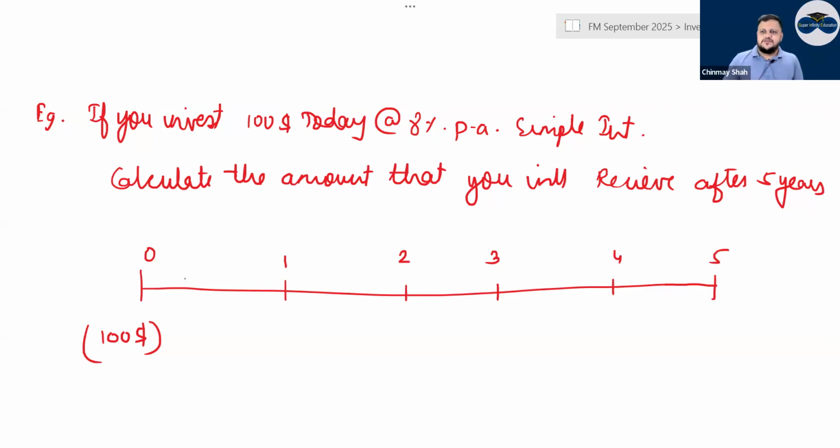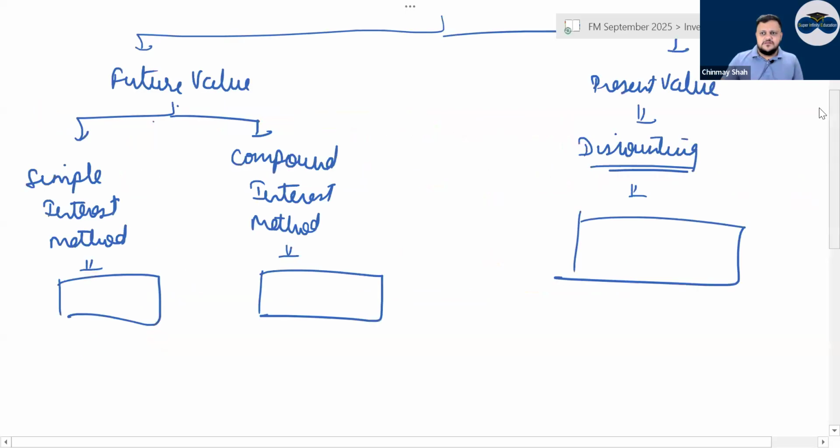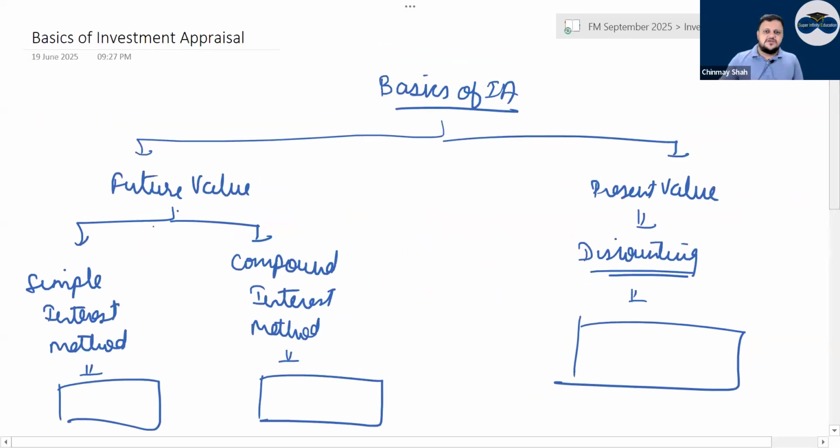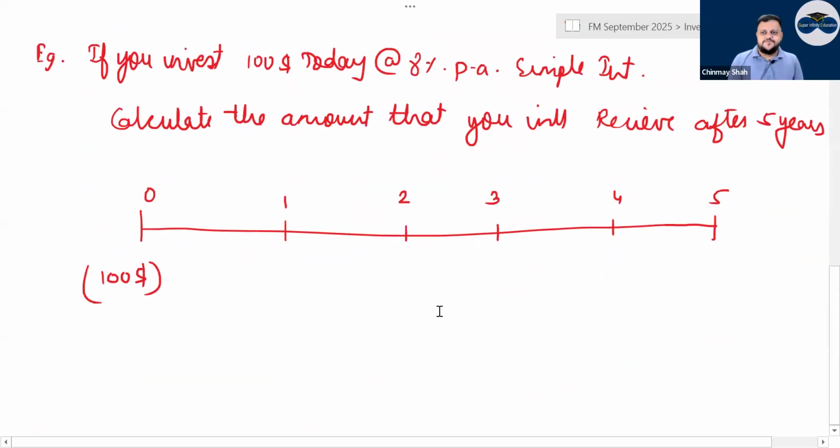Yes, time value of money. Next to Basics of Investment Appraisal, write time value of money. I want to know how much will be received at the end of fifth year. That is the question.